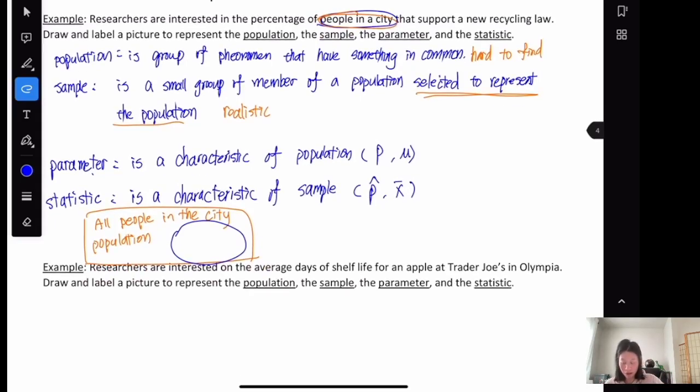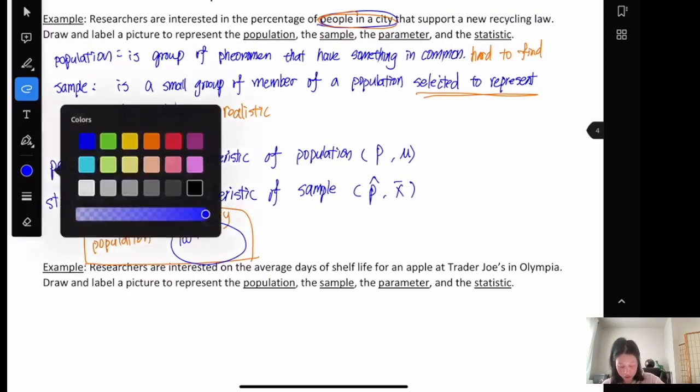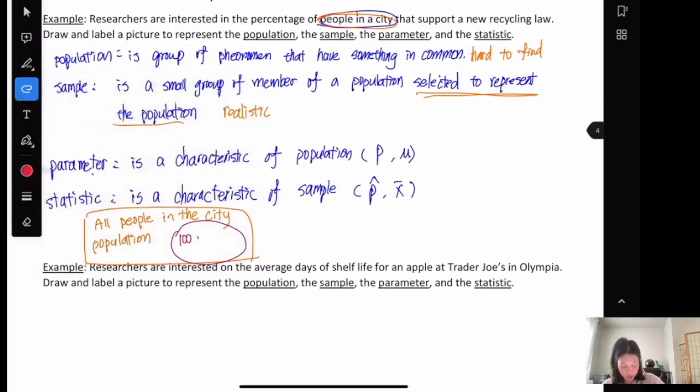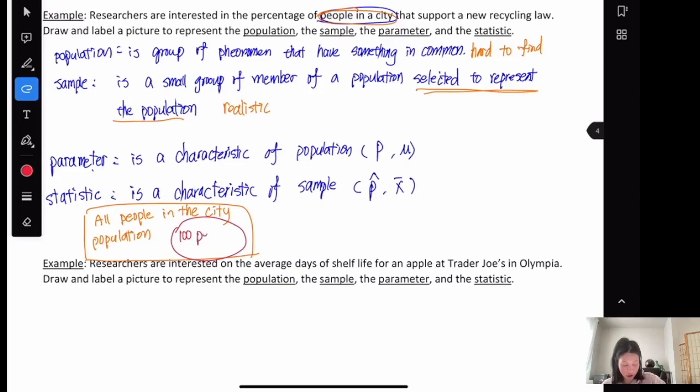We might want to survey 100 people and ask them, hey, do you support the new recycling law or not? Those 100 people are going to be our sample. Okay, so now we already know which is the sample and which is the population.